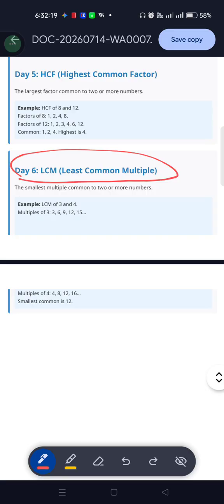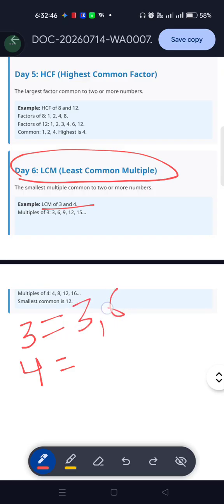For the least common multiple we are taking one example of two numbers, 3 and 4, and we will find their least common multiple. Now 3 and 4. You will write here the table of 3: 3, 6, 9, 12, and after that 15.